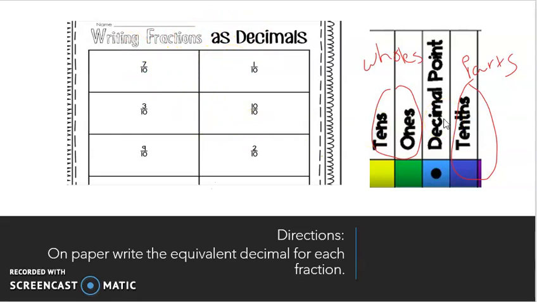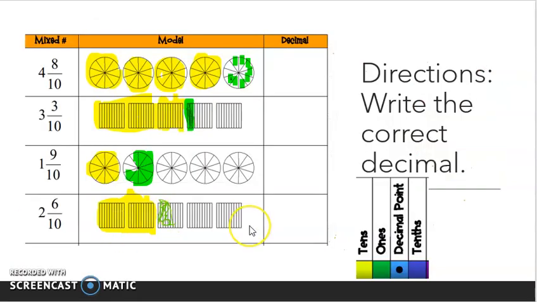I would suggest you pausing the video and you're going to go ahead and write these as decimals and be ready to share them when we do our lesson. Pause the video, do your work. You have 6 of them. 1, 2, 3, 4, 5, 6. All right. Then pause it here.